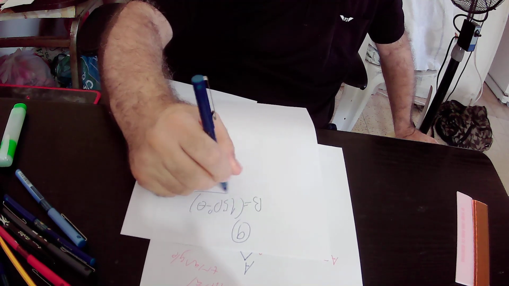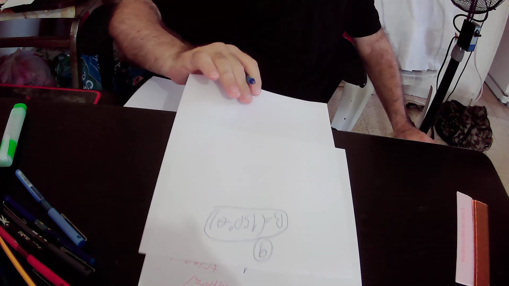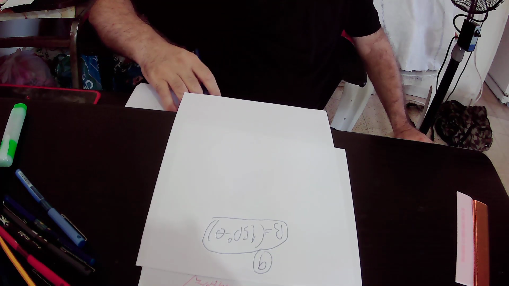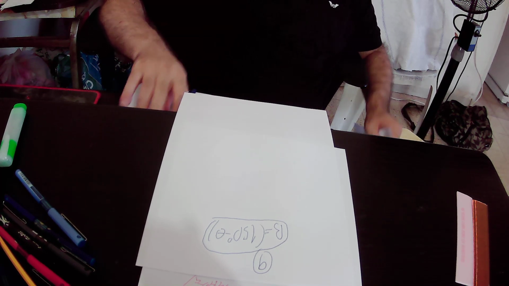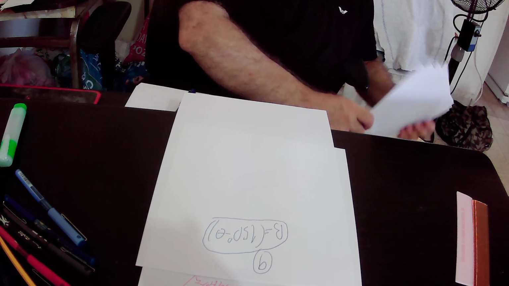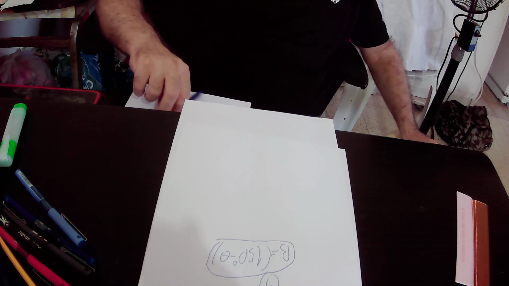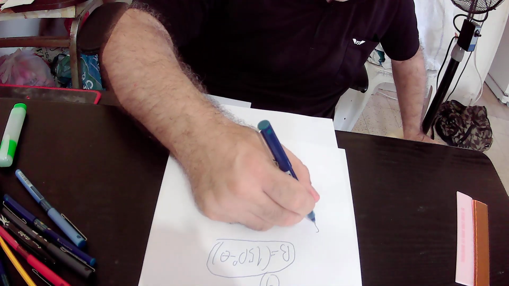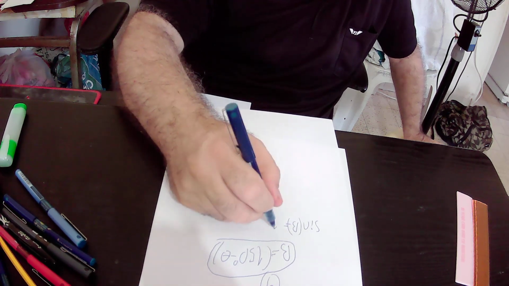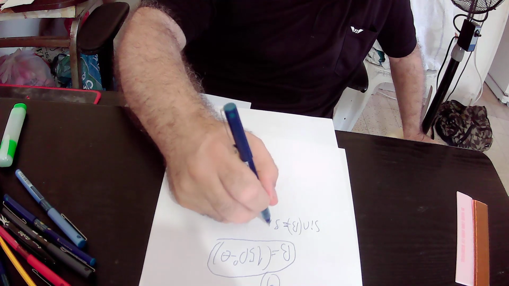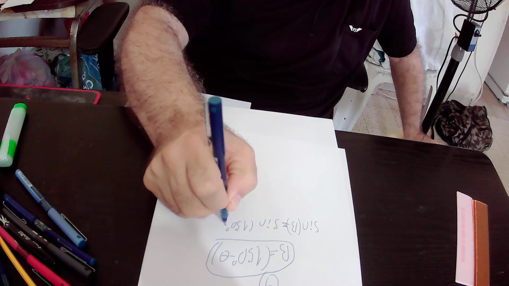So if beta equals 150 degrees minus theta, then sine beta will be equal to sine of 150 degrees minus theta.